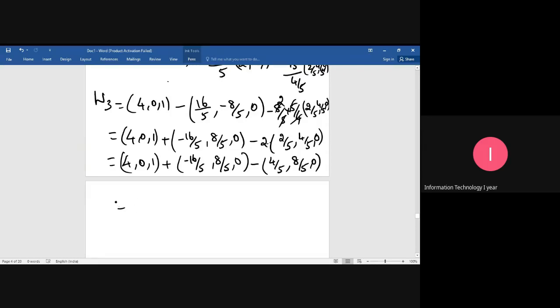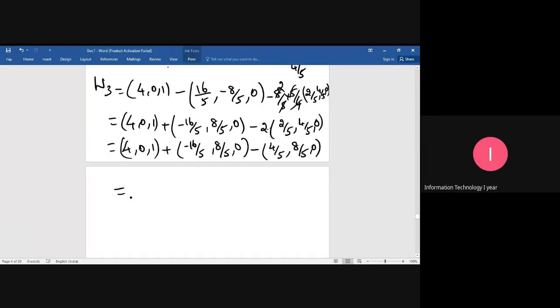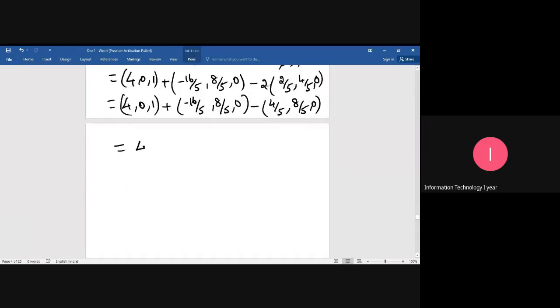So now addition. The first element addition is 4 minus 16 by 5 minus 4 by 5. The second element addition is 0 plus 8 by 5, here it is minus 8 by 5. The third element addition is 1 plus 0 plus 0.